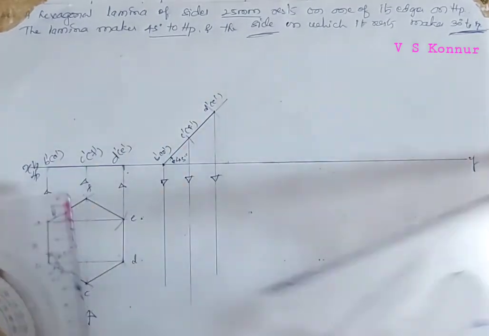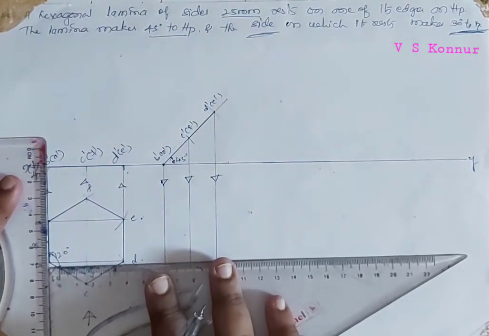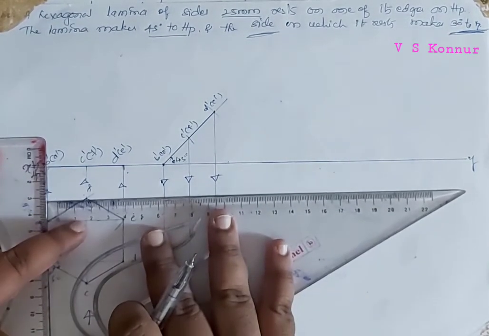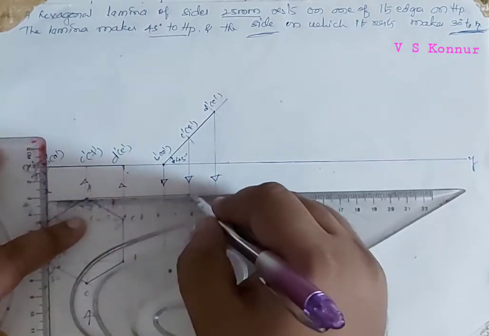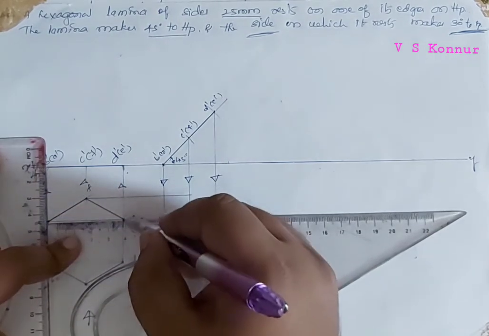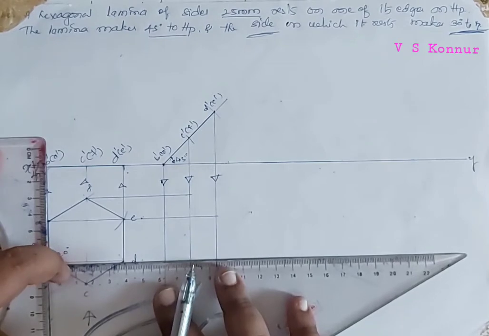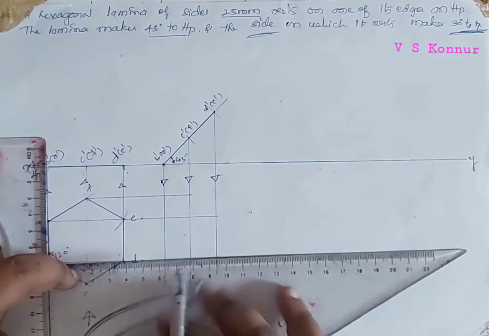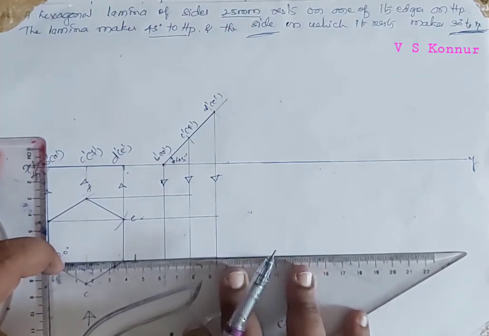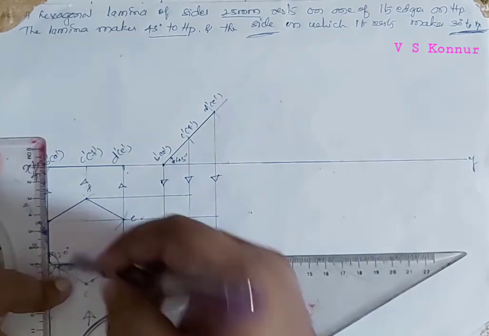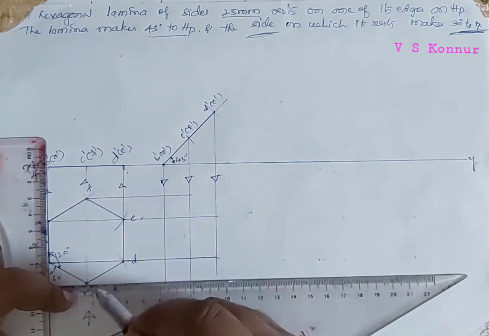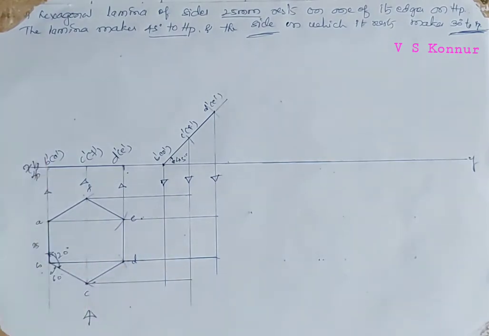Now we'll draw horizontal projectors for F point, and then for E and A points, for B and D points, then for C point. Now we got all the points.